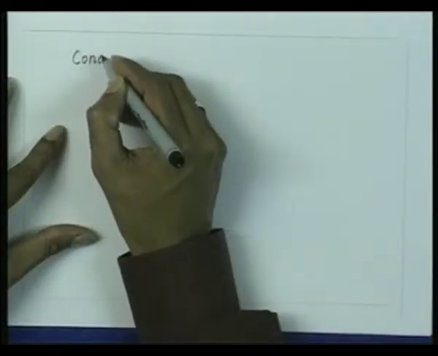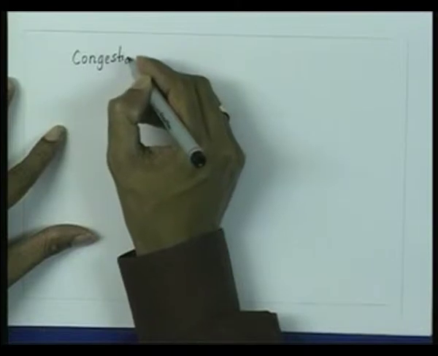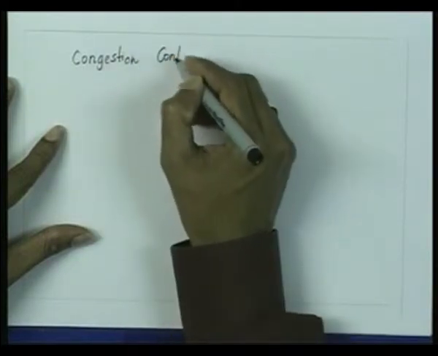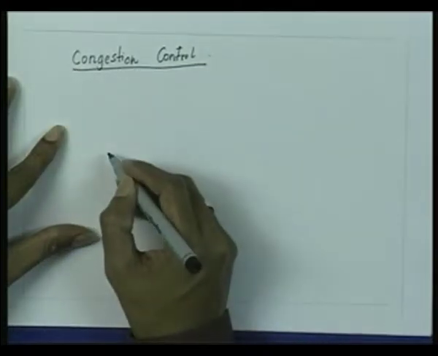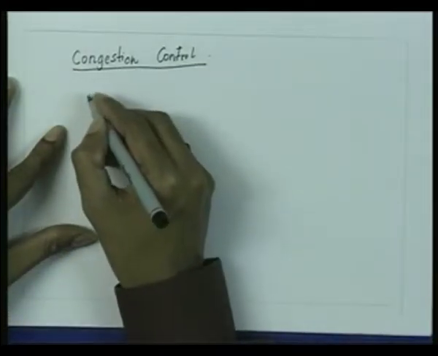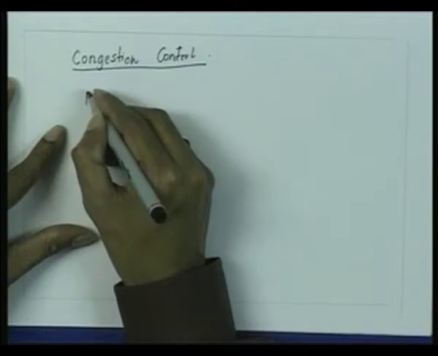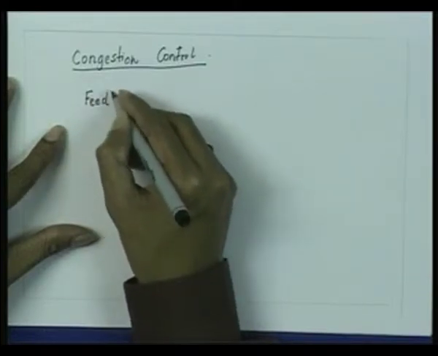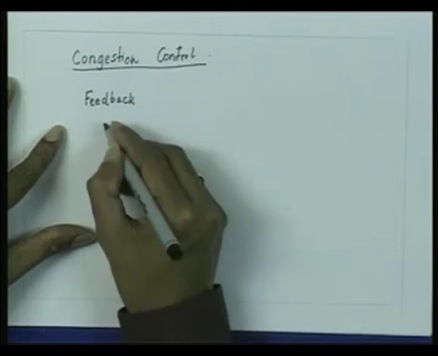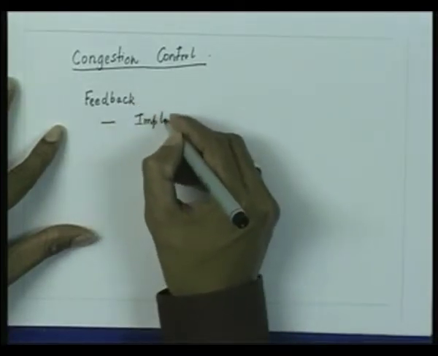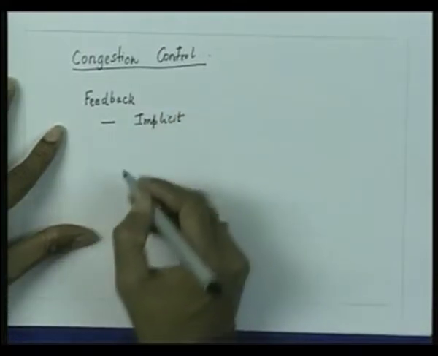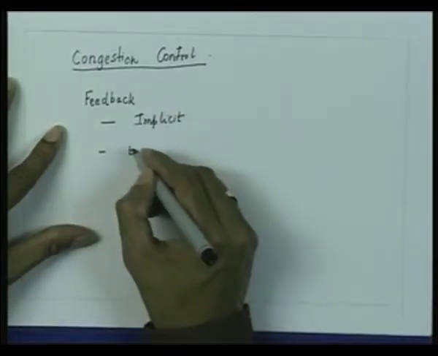Now let me just point out that if you classify the congestion control techniques, they can be classified based upon the kind of feedback that you receive, and this feedback can be either implicit or it can be explicit.